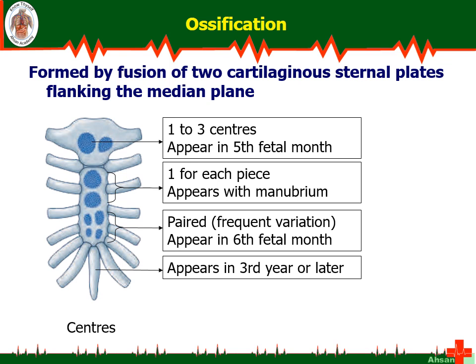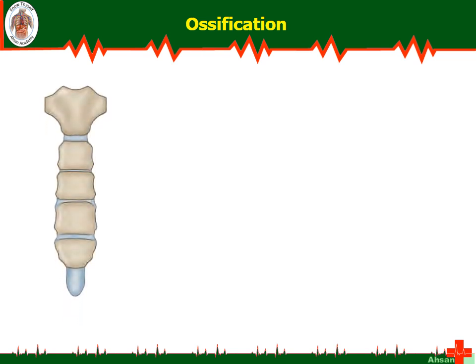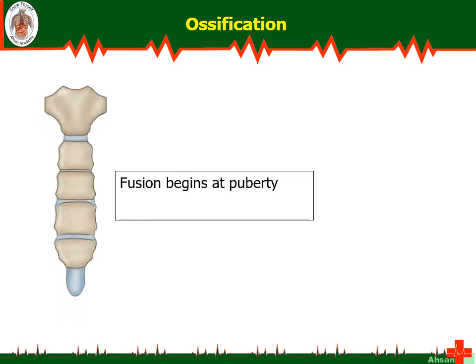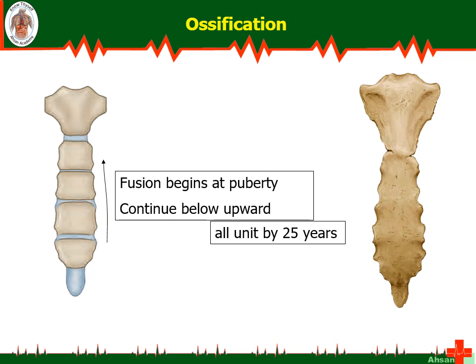Xiphoid process remains cartilaginous at birth, and usually around the 3rd year of life or later, ossification starts. The pieces remain separate at birth, but fusion begins at puberty and continues from below upward, and at the age of 25, all the joints fuse and sternum becomes a single bone.